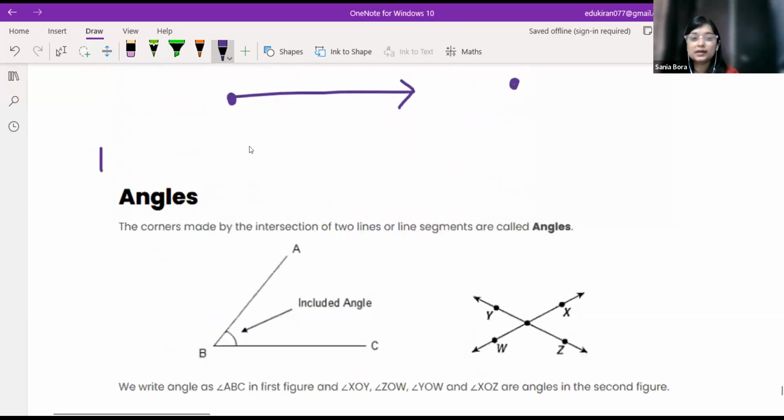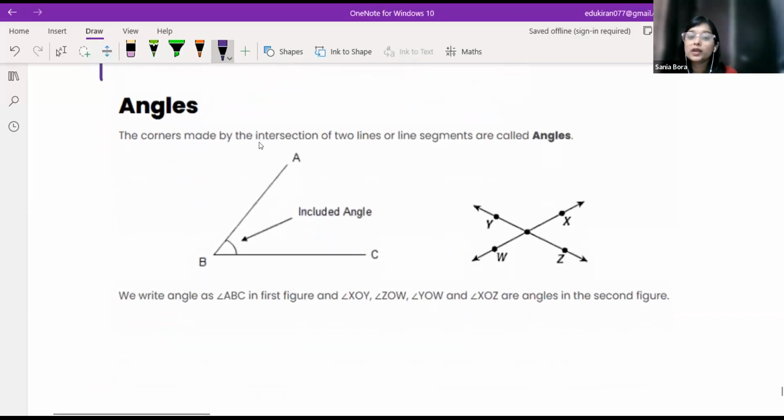Now the next one is angles. The corner made by intersection of two lines, right? Two lines are intersecting here and the corners of two lines or line segments are called angles. So this is called the included angle, which is inside.